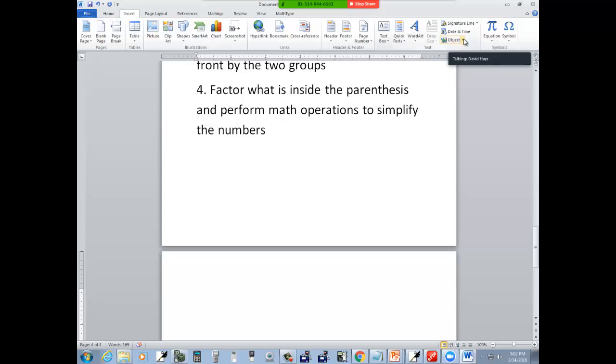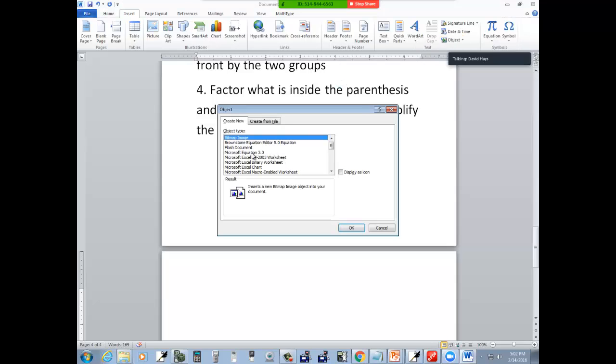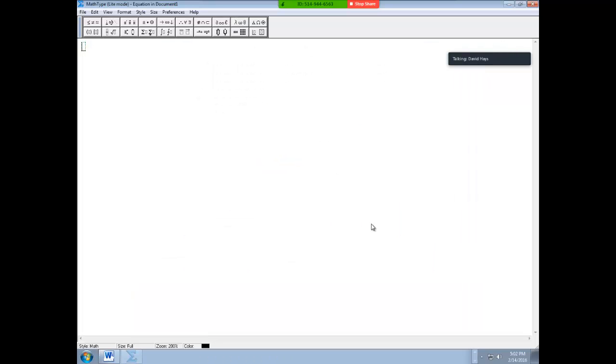One method is under Insert. If you choose Object, and you should have Object of some form no matter what version of Word you have, then you should have a Microsoft Equation. That comes standard with every copy of Word.